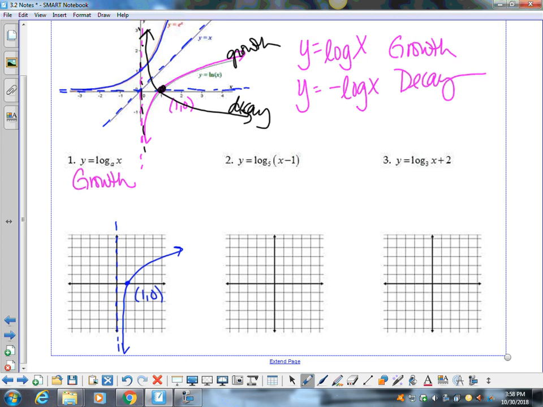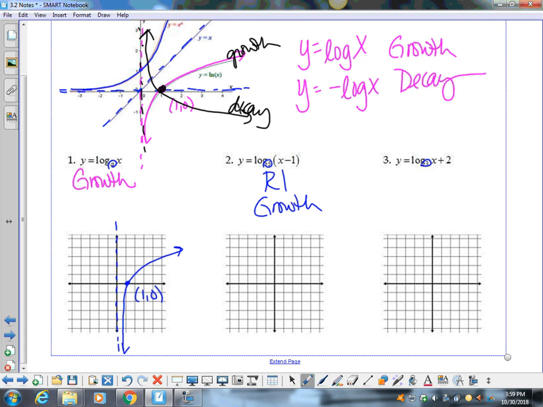Okay, I've got a -1 inside my function. We know from all the functions we've studied that if it's inside the function, it's right, left, opposite the sign. So this is going to go right 1, and he is growth. Now, hopefully you've sort of noticed that they have different bases. For our purposes right now, I don't want you to worry about the bases.